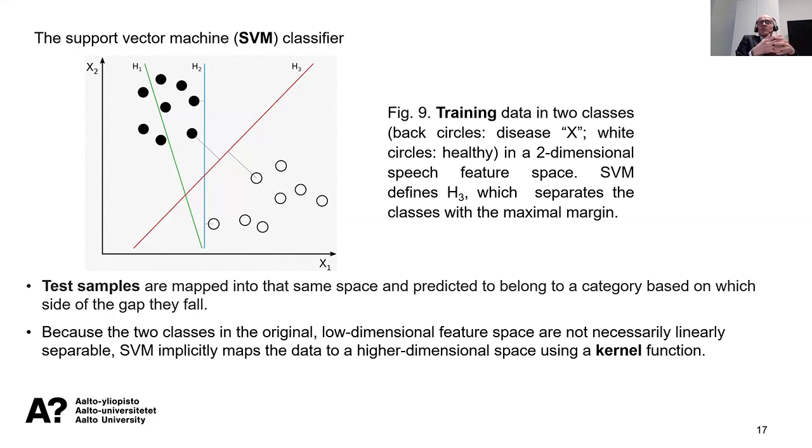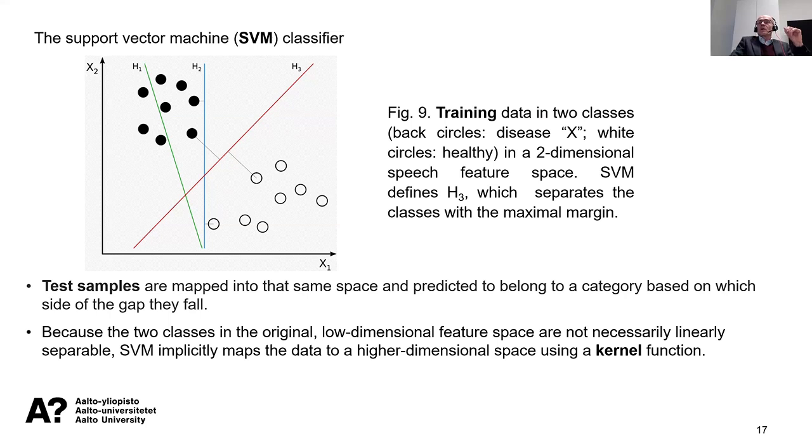And to describe that easily, I have here shown a very simple low-dimensional space where these black dots are 8 speech samples produced by patients, and these white circles are 8 speech samples produced by healthy talkers. We are now in a certain kind of acoustical space.